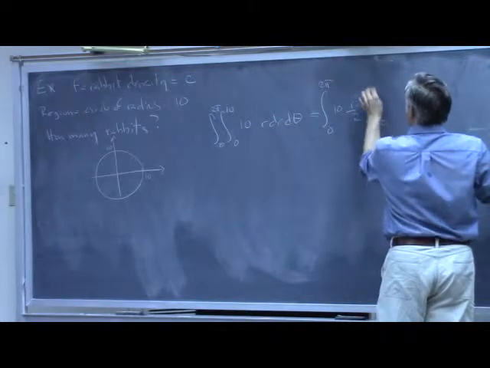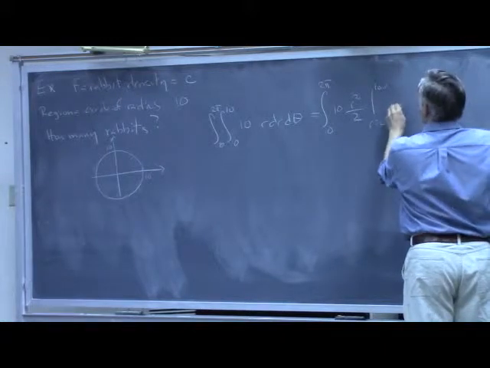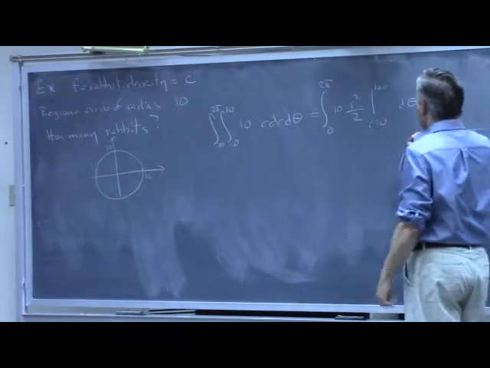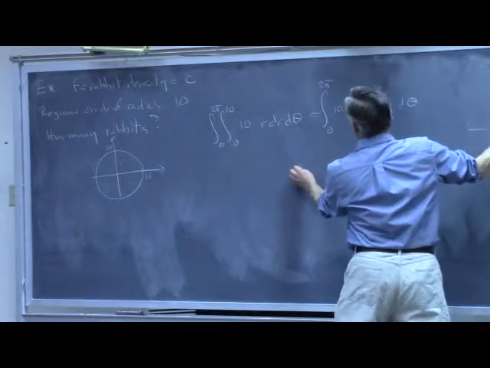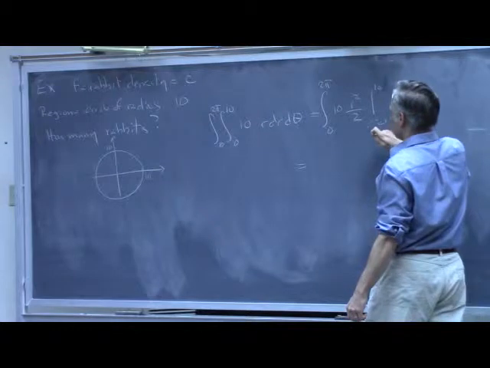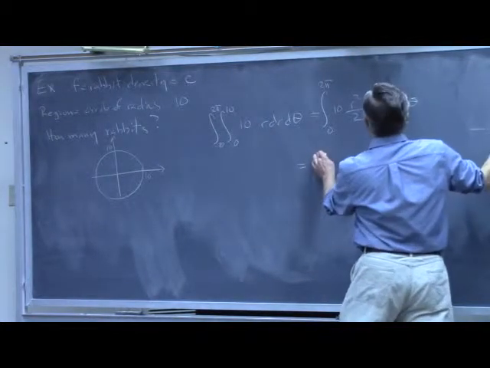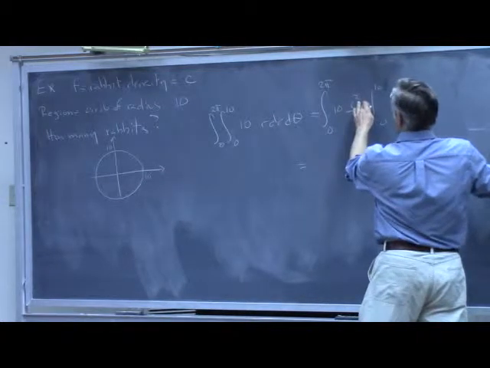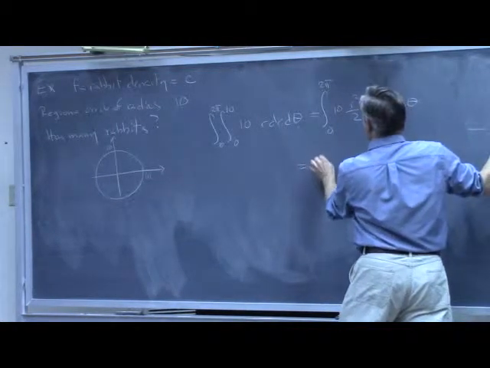R is going to go from 0 to 10. So let's see what's going to happen here. This is going to be 10 cubed, which is 1,000.